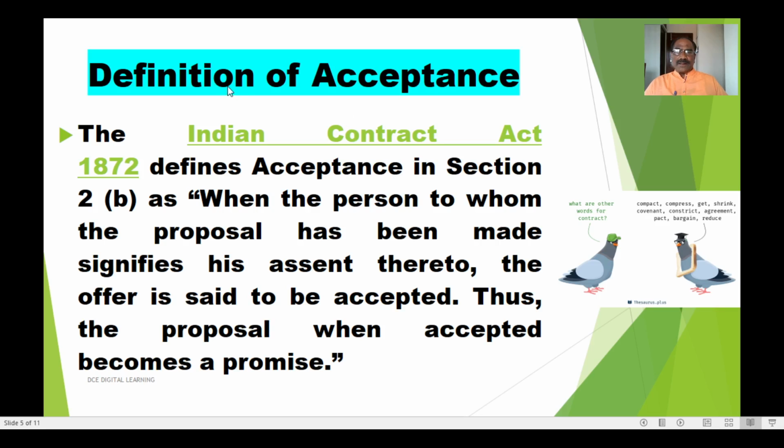And let us see the definition of an acceptance in the Indian Contract Act of 1872. Under section 2 subsection B, the acceptance is defined. So the Indian Contract Act of 1872 defines the acceptance in section 2 subsection B. When the person to whom the proposal has been made signifies his assent thereto, the offer is said to be accepted.